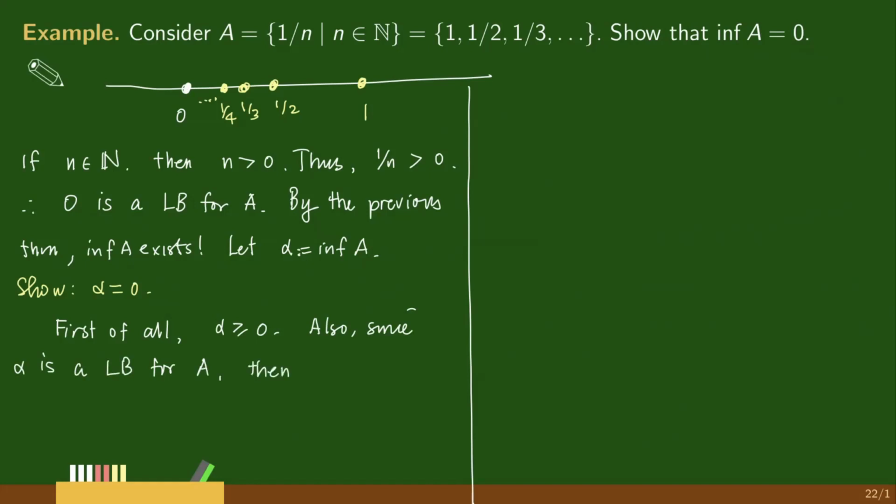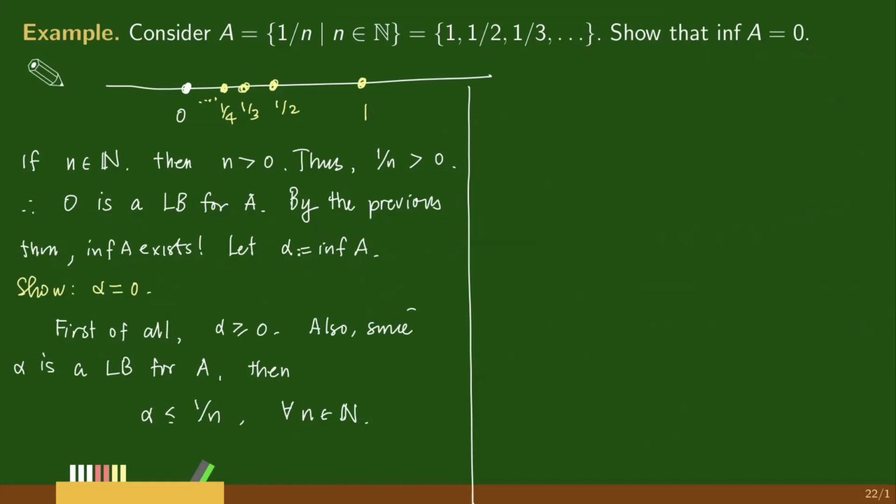Then alpha is dominated by every 1 over n. Right? It is a lower bound for A. So alpha is dominated by all the 1 over n. Right?